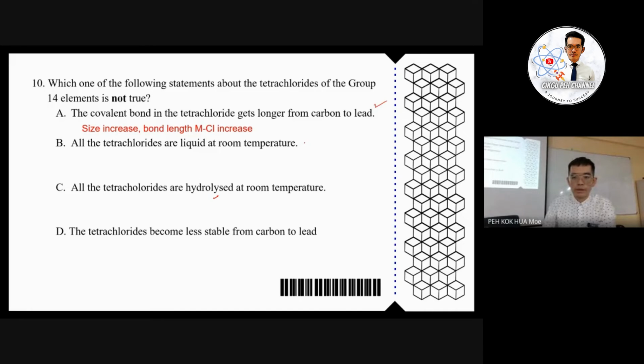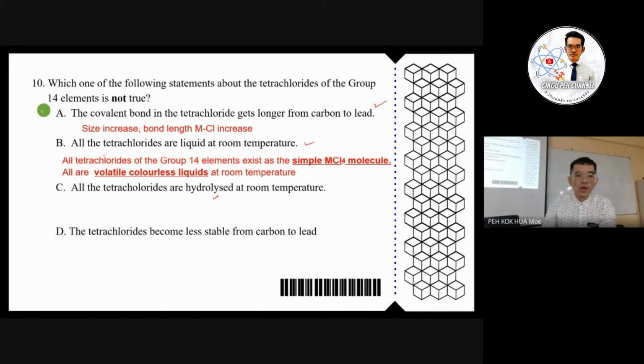So this one is also correct. Okay, so B, all tetrachlorides of group 14 elements exist as simple molecules. Okay, so all are volatile colourless liquids at room temperature. So because of the simple molecule, they exist as liquid also.